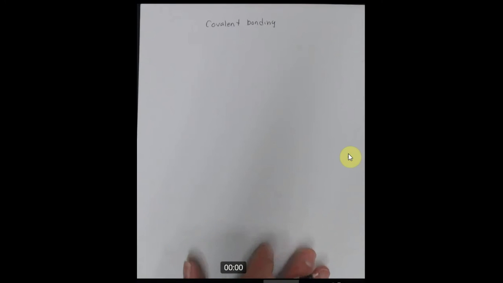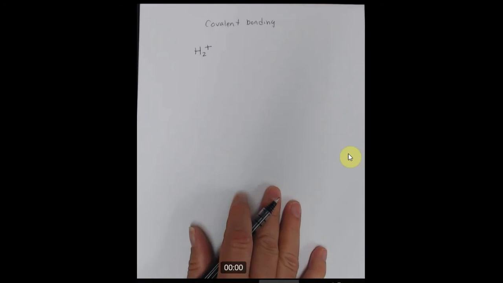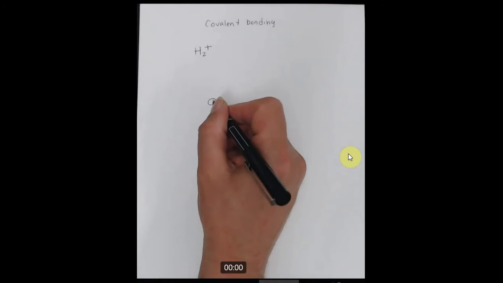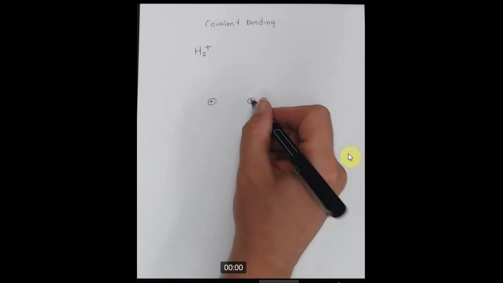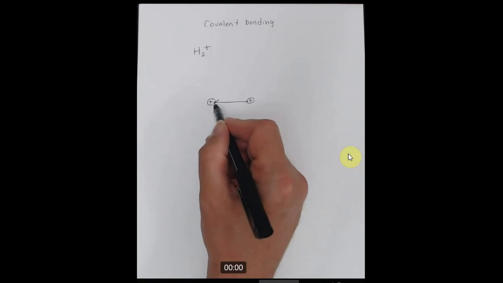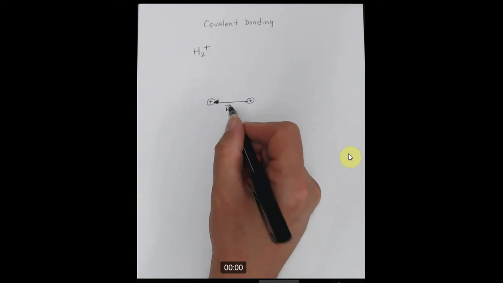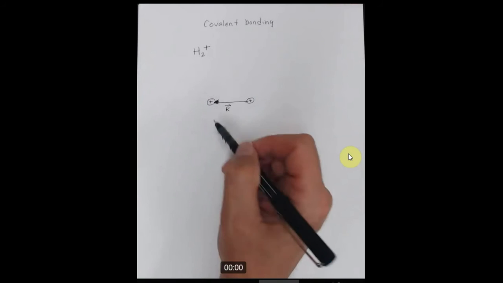So to start with, we're going to take the simplest covalently bonded molecule that we can have, and that's simply H2+. So we have our two hydrogen nuclei, just two protons. I'm going to say maybe the origin is at the one on the right here. I'm going to put a displacement vector, I'll call R, big R, that goes to the other nucleus.